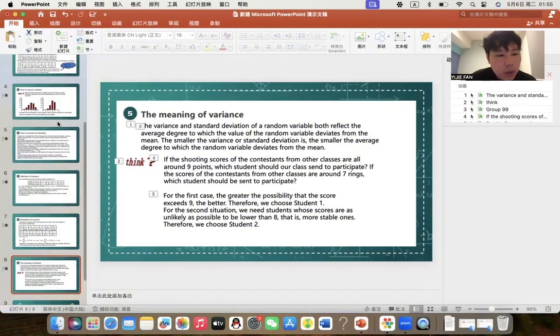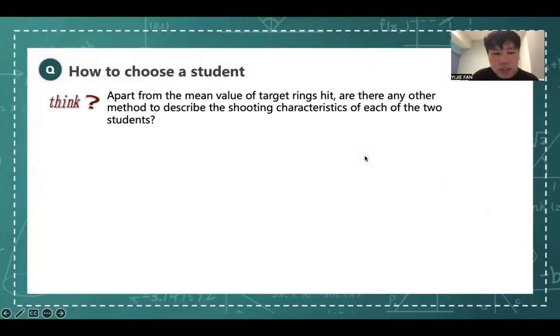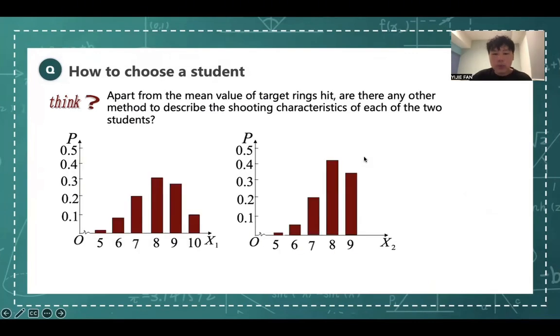First, we look at these two column graphs.